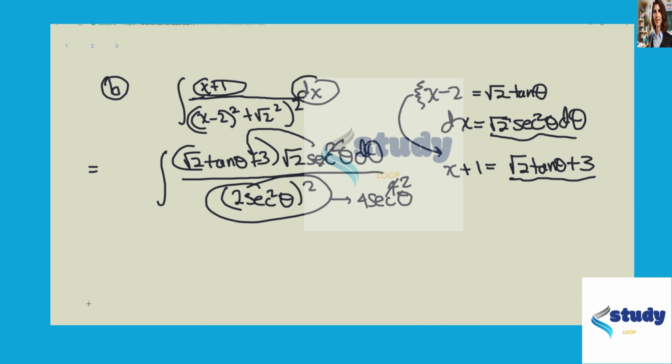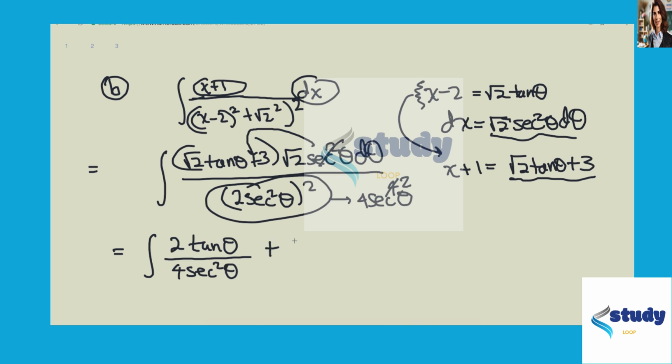So here, let me rewrite this as an integral. Technically, let me not write this secant because we already canceled. I just have a tan. And then we have 4 secant squared.